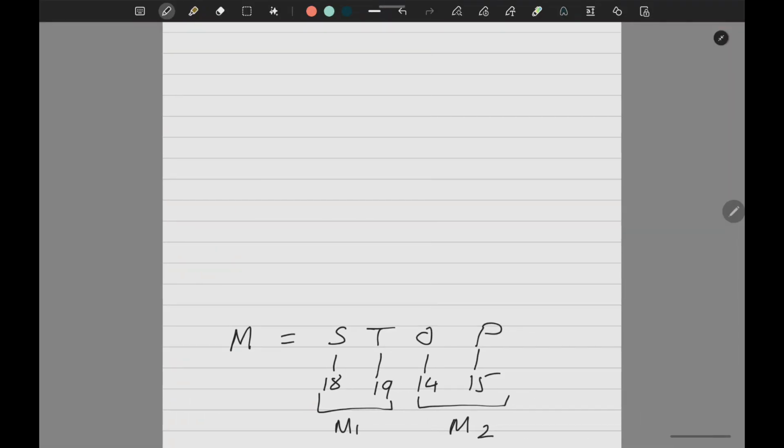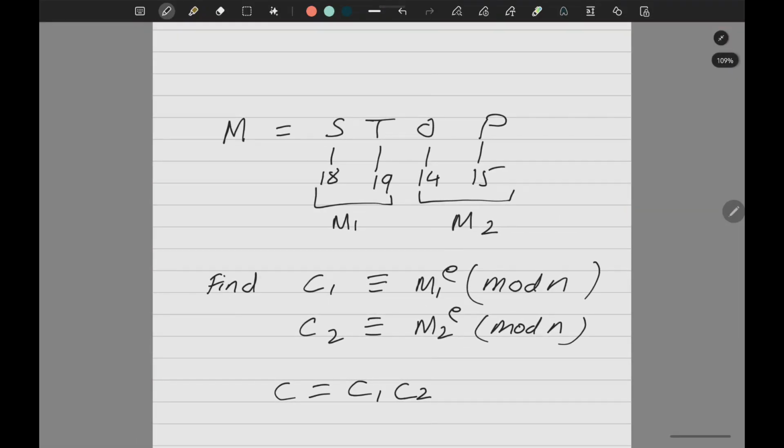Now just look at this one. Sometimes they will ask you to encrypt a big word. For example, if I ask you to encrypt STOP, S-T-O-P. Now if you go back and see that table which I gave you, where A is 0, B is 1 like that, S is 18, T is 19, O is 14, P is 15.